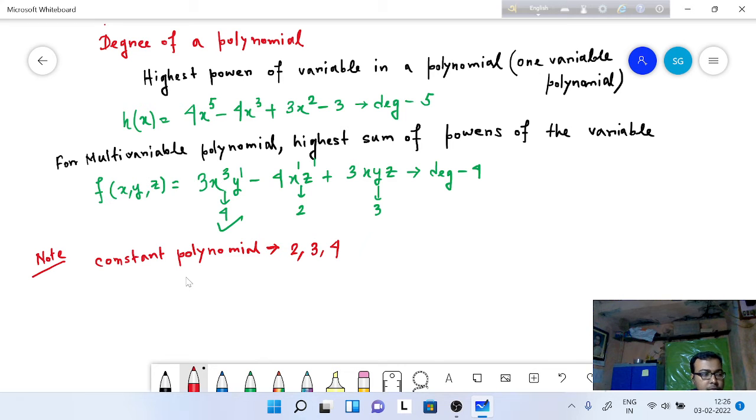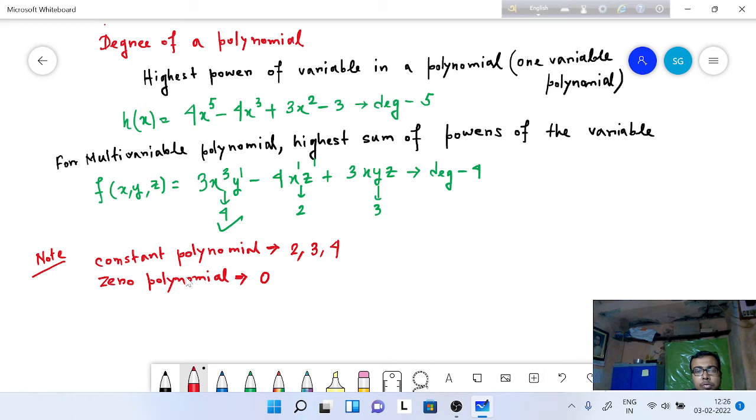Any constant term is called a constant polynomial, and zero polynomial is 0.